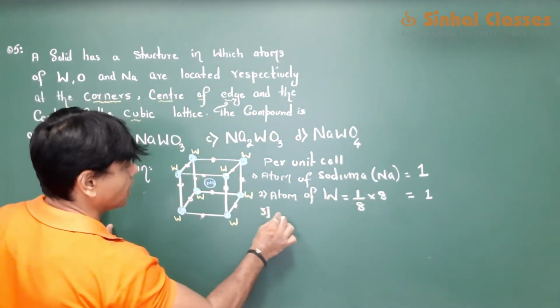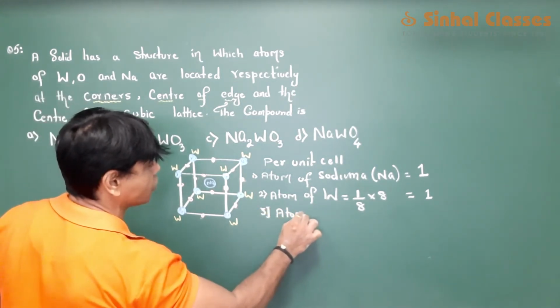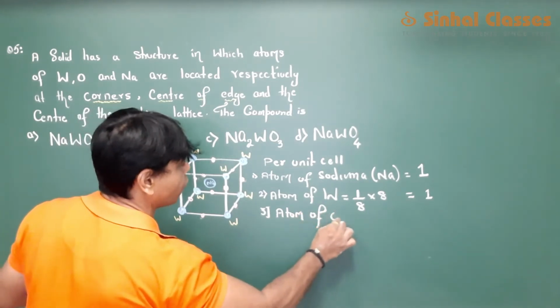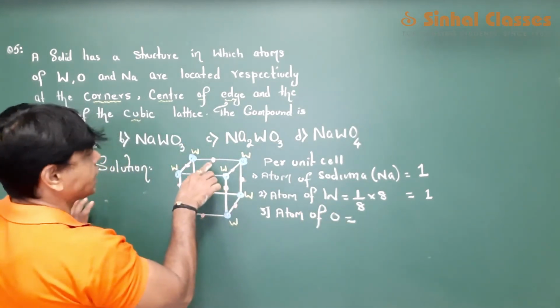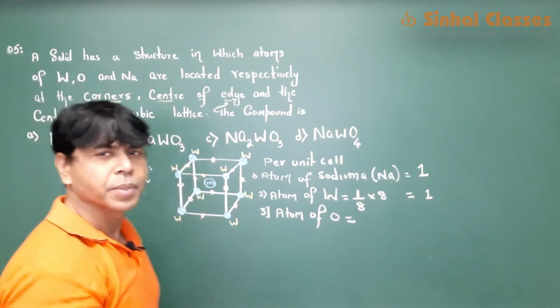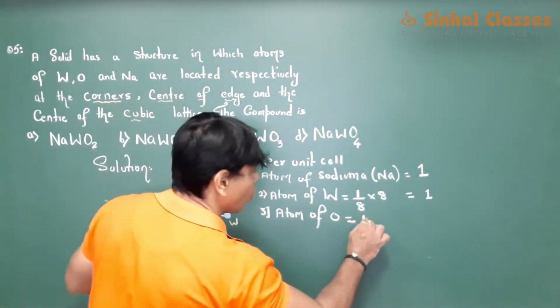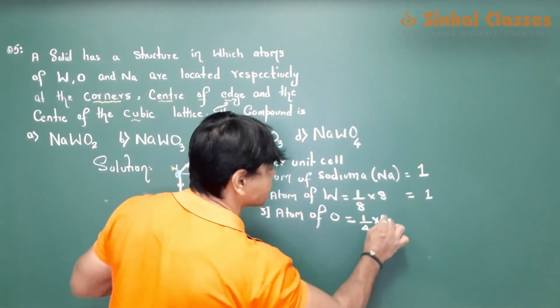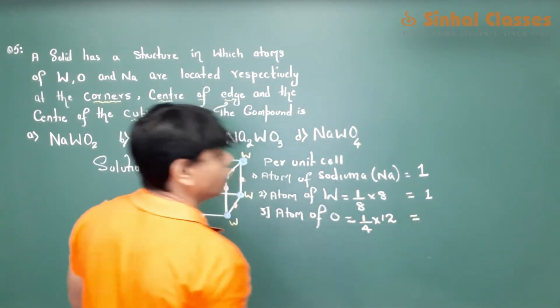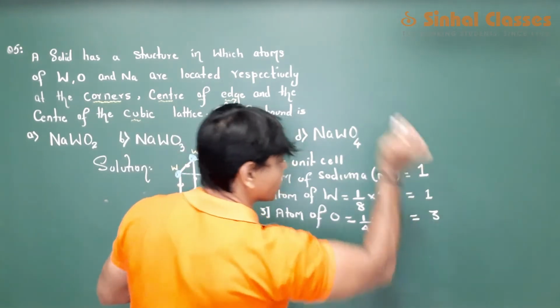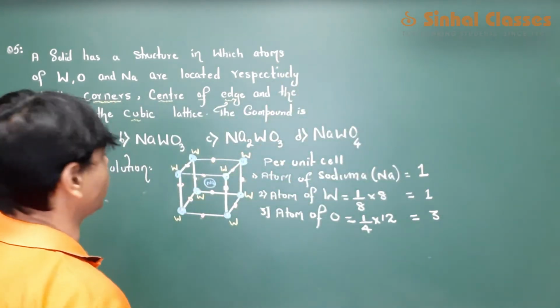The third, atom of oxygen. Oh, they are present at the center of the edge and contribution is 1/4. So 1/4 into 12 edges comes to 3.